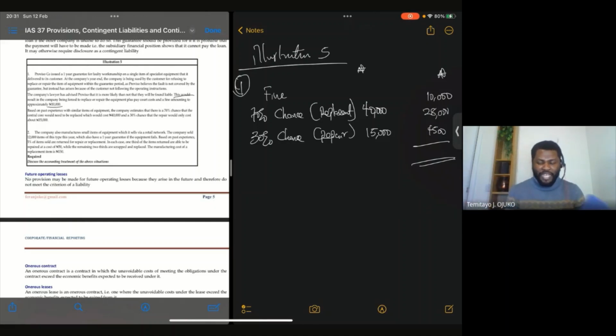But then we now have the fine, which needs to be added to the provision, which is a one-off. That will give us 28,000 plus 4,500 plus 10,000, a total of 42,500. That is the provision that should be made.